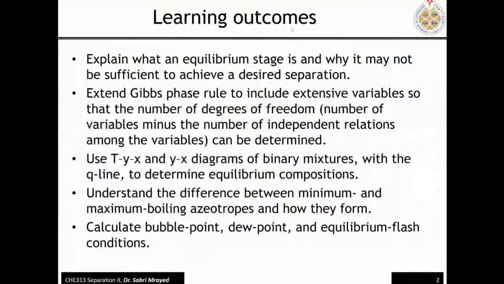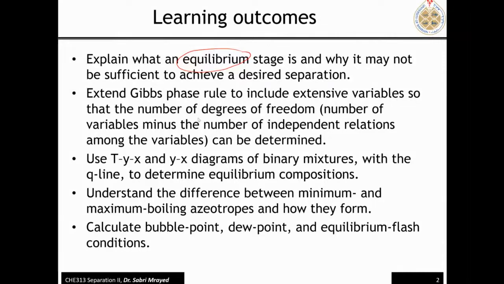So what you're basically going to learn from this chapter is to understand the fundamental definition of the equilibrium stage, and why it may not be sufficient to achieve a desired separation. We will talk about the equilibrium stage and the assumption that we use to assume equilibrium, and if it is not the case, which is in real life, we don't have an equilibrium stage, we have maybe 70% depending on the configuration of the stage itself.